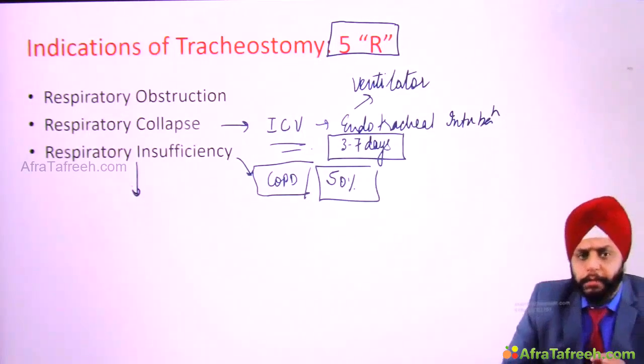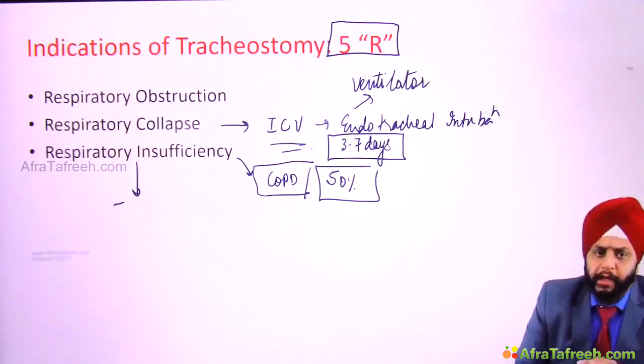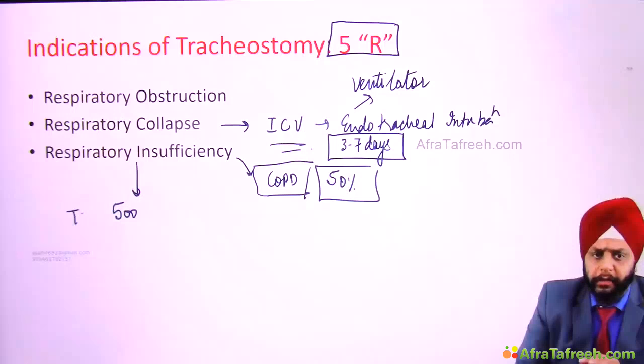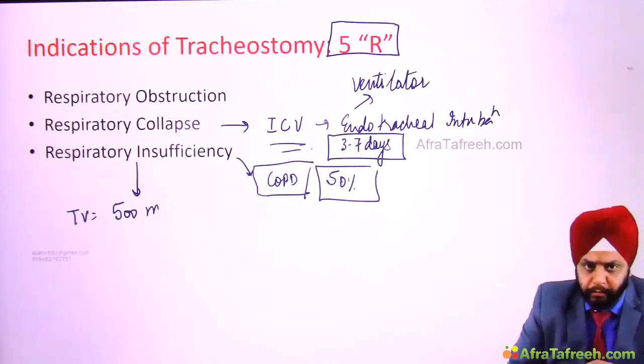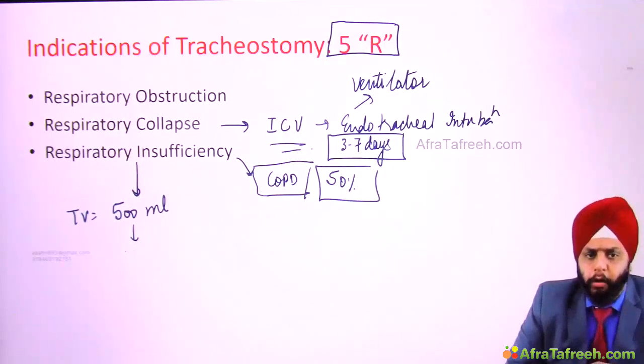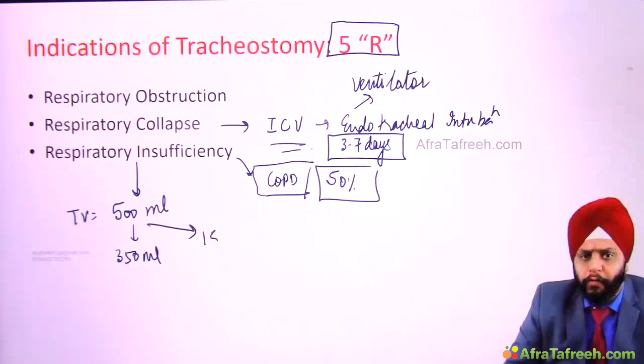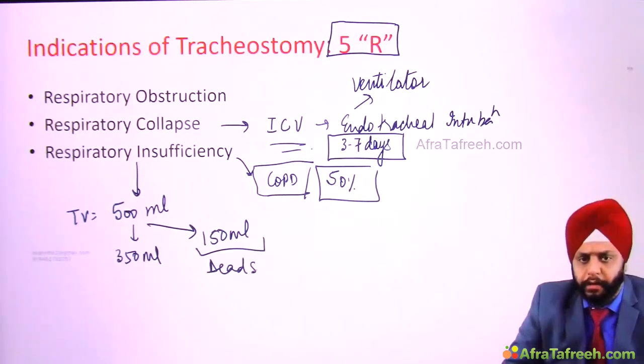Let's remember some respiratory physiology. Let's say this patient has a tidal volume of 500 ml. Out of 500 ml, 350 ml goes into the alveoli, and 150 ml stays outside as the dead space.